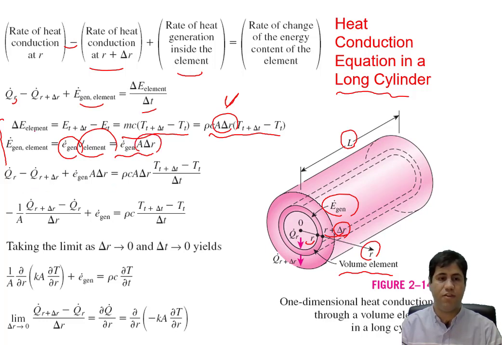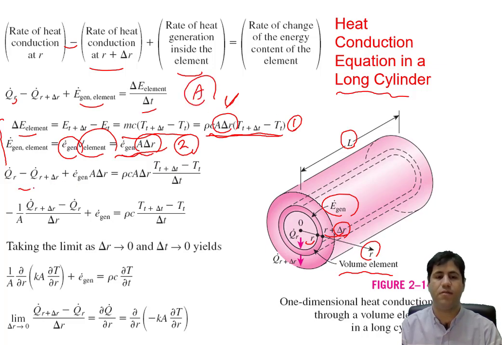Then if we substitute this delta E element equation and this equation for E dot generated of the element, these two, 1, 2, in equation A, it will give us this. Q dot, same Q dot R plus delta R, same E dot generated, instead of this we rewrite this.